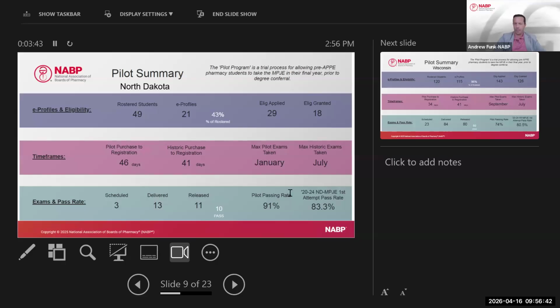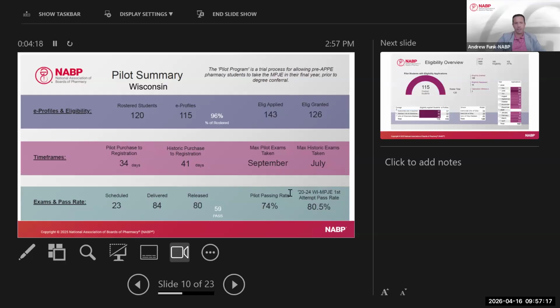There's only one College of Pharmacy in North Dakota, and only 13 individuals took the exam, and 10 passed. Their pass rate was a little bit higher than typical historic rates between 2020 and 2024. This year, the pass rate in North Dakota for early administration is 100% so far.